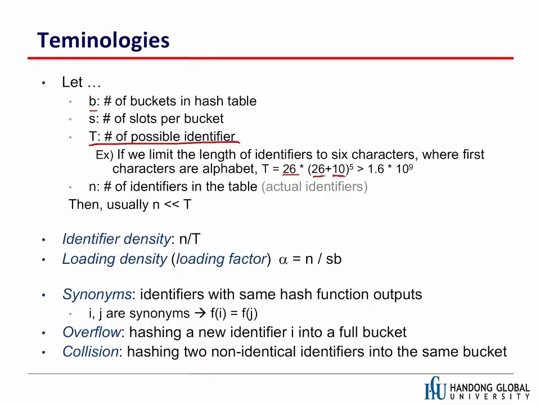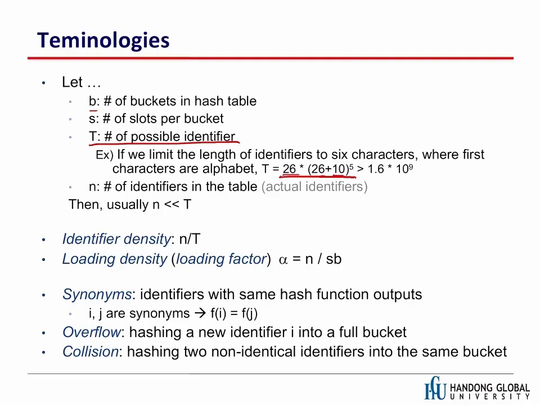So if our identifiers have 6 characters, then this is the possible number of identifiers. So T is actually the possible number of words if you think about the dictionary. All the different kinds of combinations could be considered here.